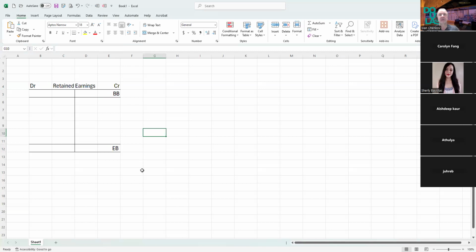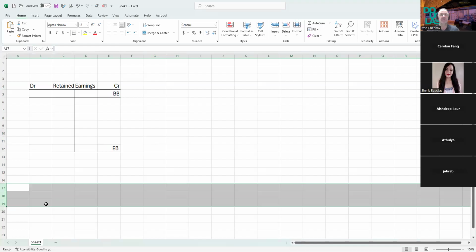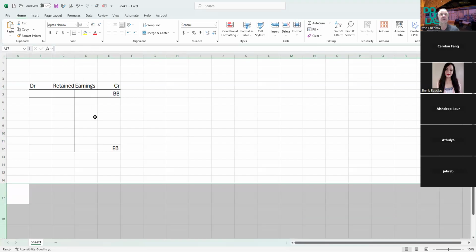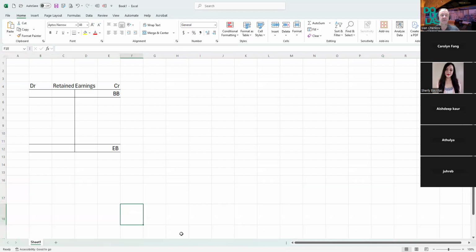Now the easiest way to remember this, I'm not sure if we talked about it, but let's go to the basic accounting equation, which was asset is equal to liability plus equity.